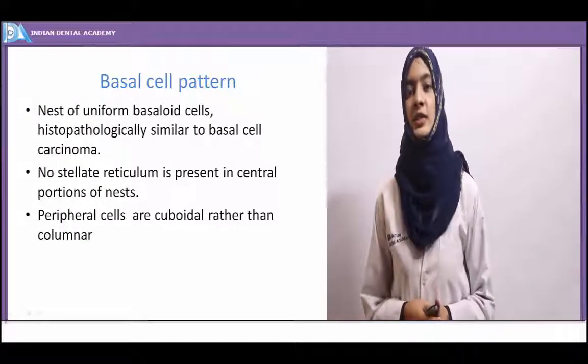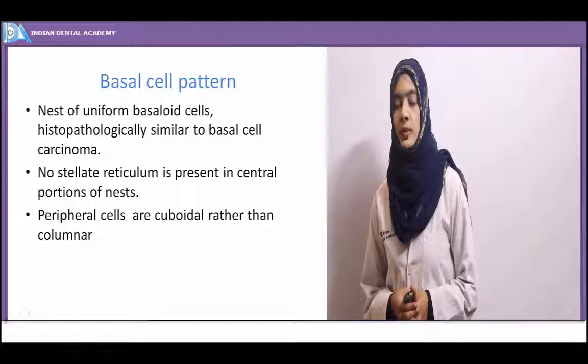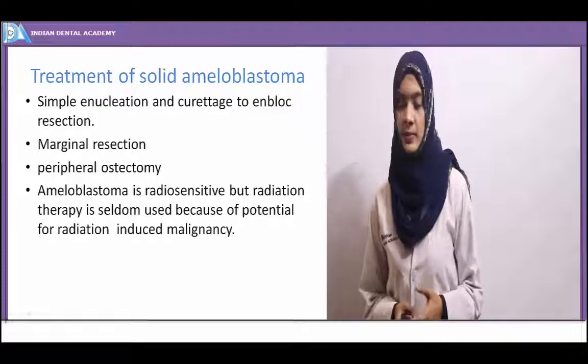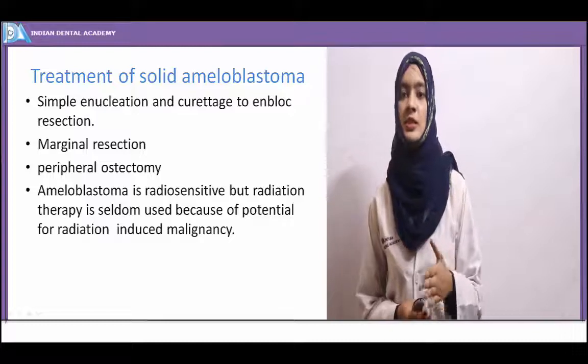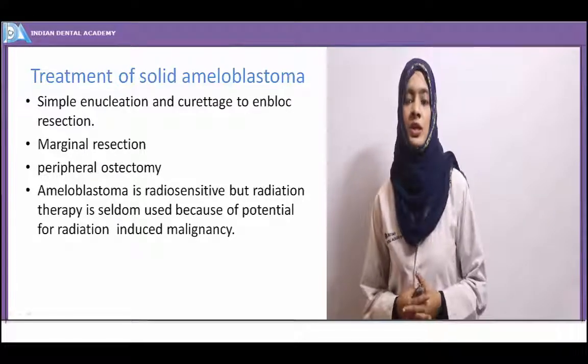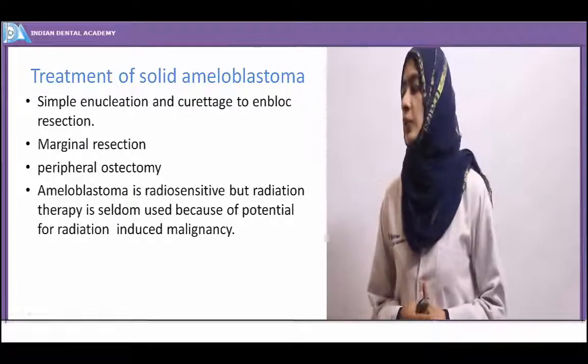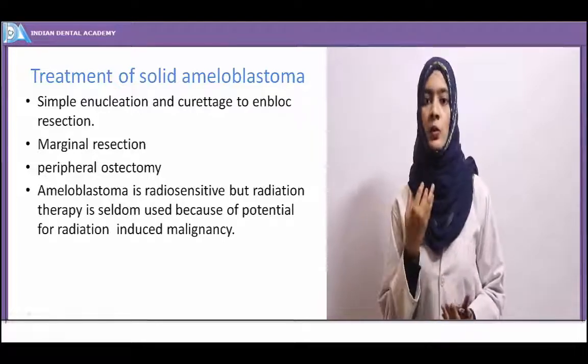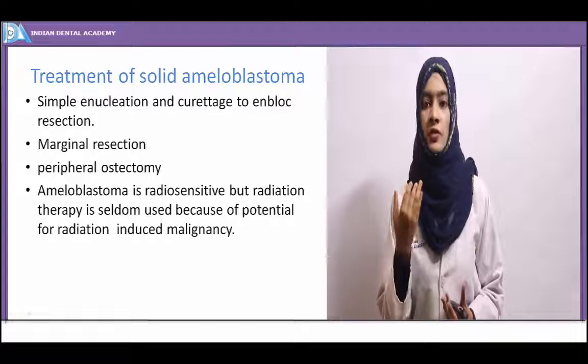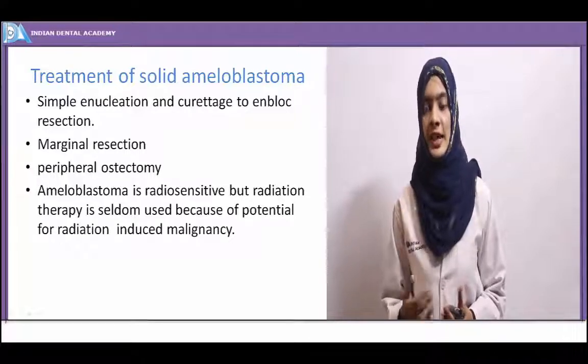Ameloblastoma is an infiltrative tumor, right? So when treating it, you have to excise about a 1 centimeter margin beyond the invasion. Okay, so marginal resection of the mandible involving the bone along with the soft tissue structures is excised.